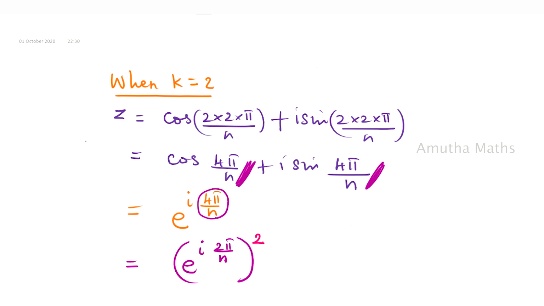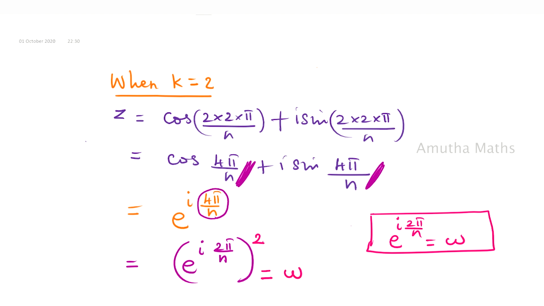If you take, listen carefully, e power i into 2 pi by n is equal to omega, when k is equal to 1, we get e power i into 2 pi by n. If you take e power i into 2 pi by n is equal to omega, then I can write this as omega square.